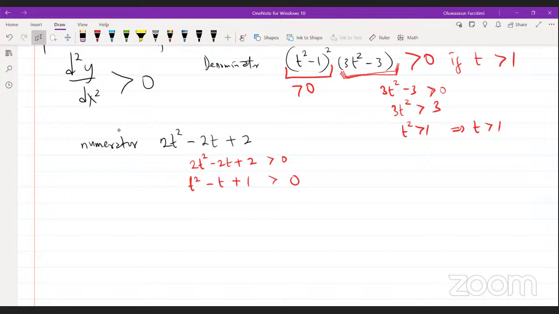Now, we have to take a look at this. I need this to be bigger than 0. What values of t will make this happen? Think about it, guys. What happens if t is greater than 1?